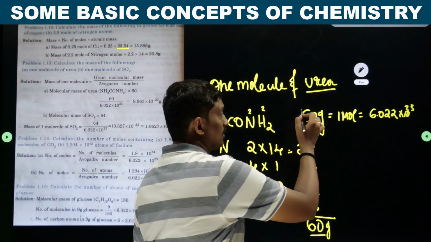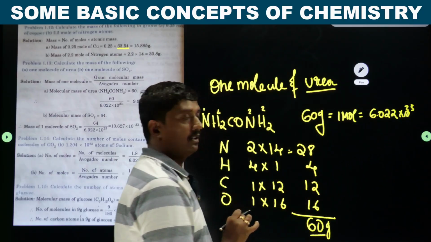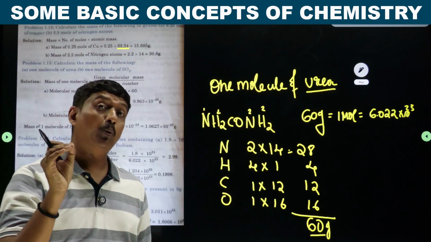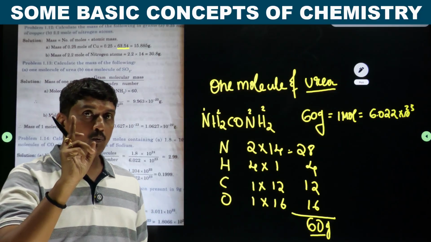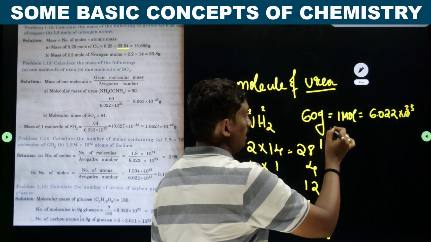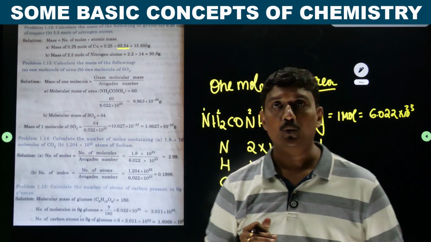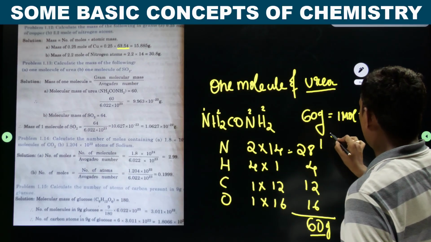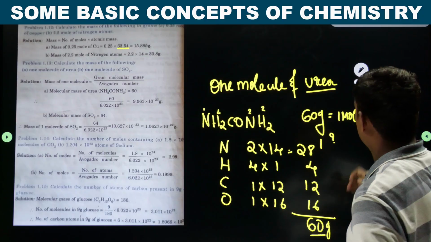If you take 60 grams, it gives 6.022 into 10 to the power 23 molecules of urea. What is the mass of one molecule? The question is how much one molecule's mass is.